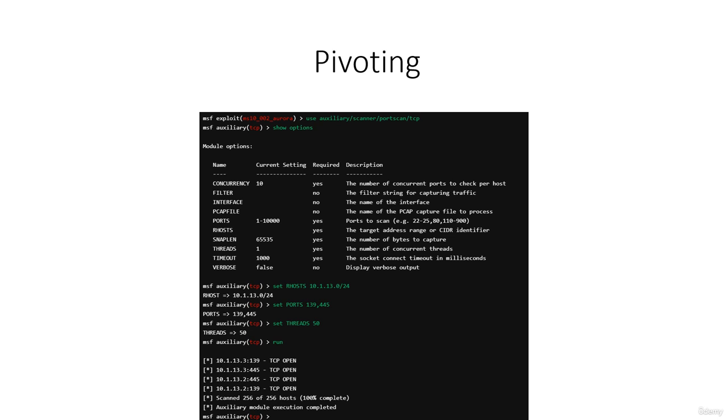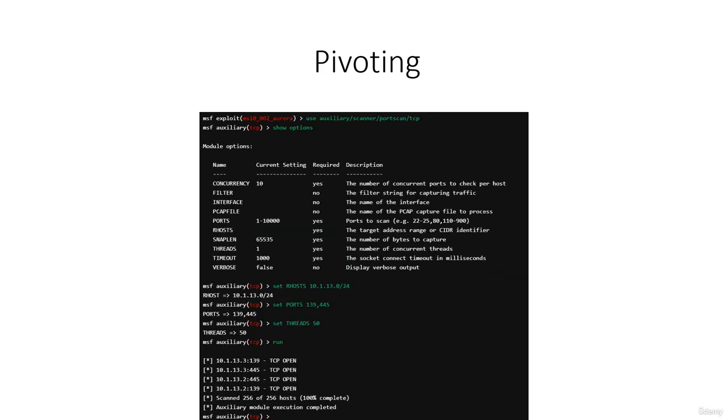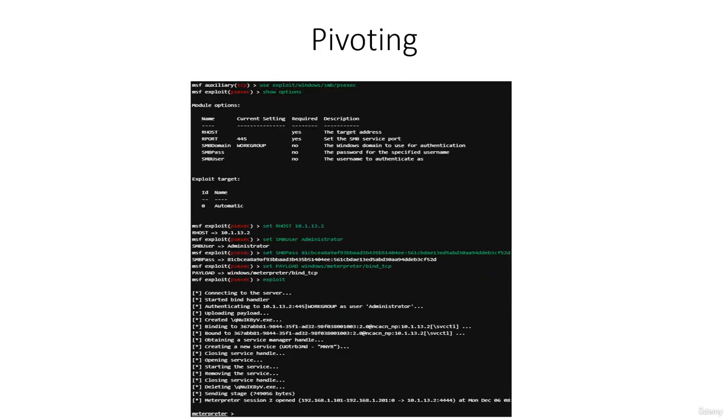So we have discovered an additional machine on this network with ports 139 and 445 open, as we previously saw, and we will try to reuse our gathered password hash with the exploit module. Just set the host and all of those.